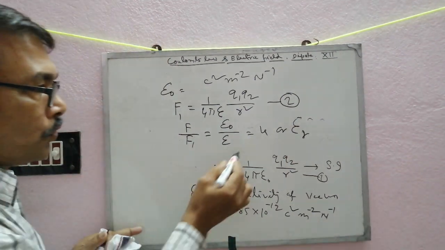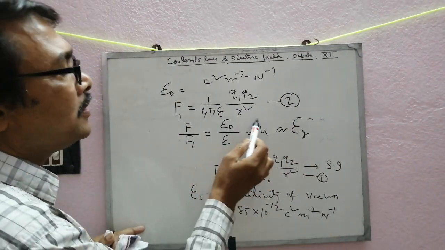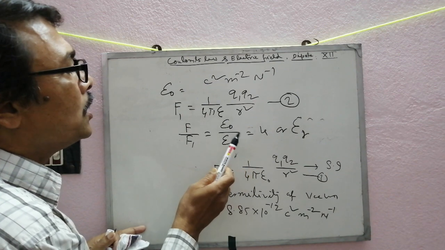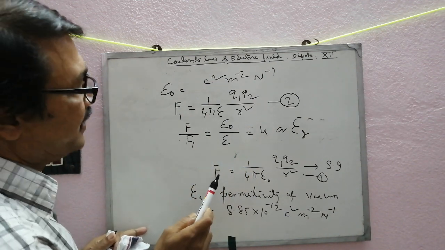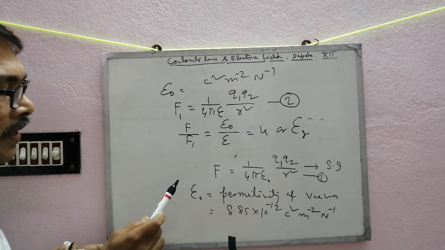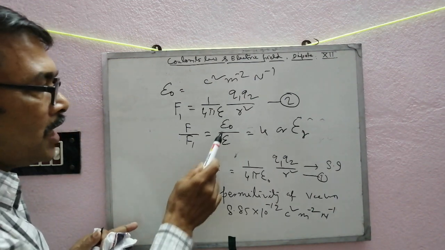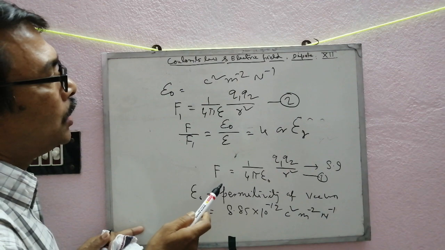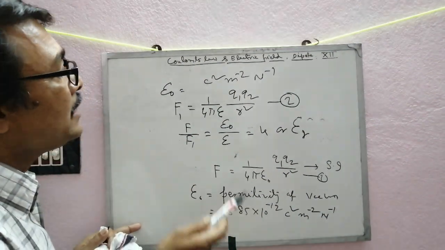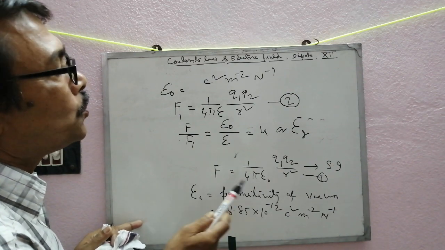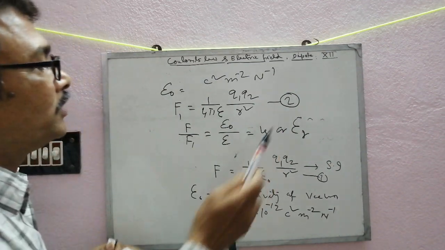What is the dielectric constant? The ratio of the force between two point charges at a particular distance in vacuum to the force between the same charges at the same distance in another medium is called the dielectric constant of the said medium.